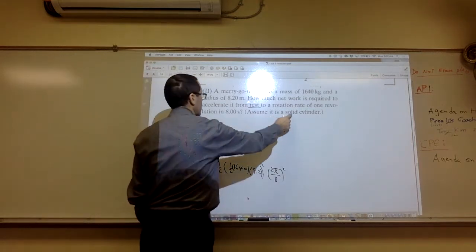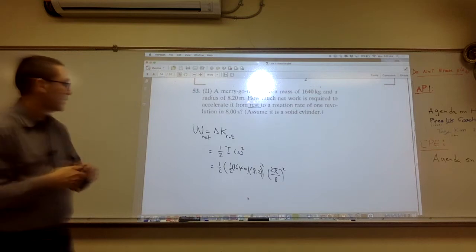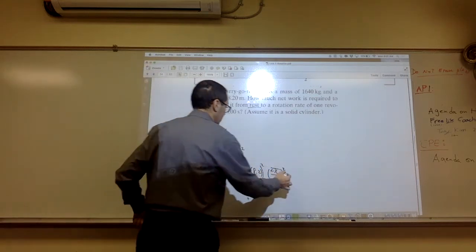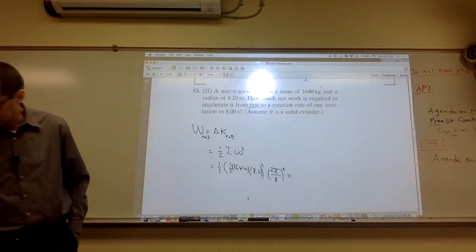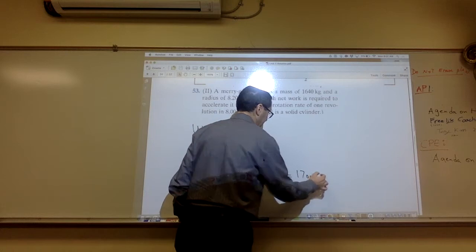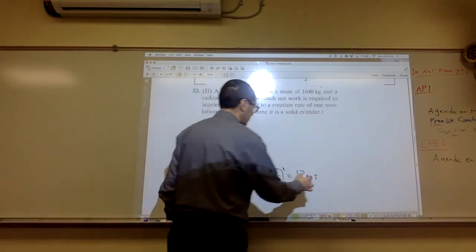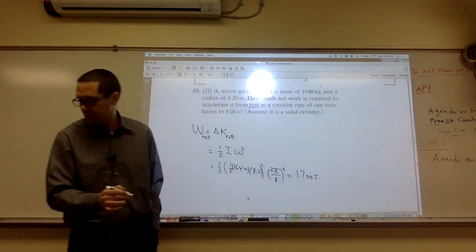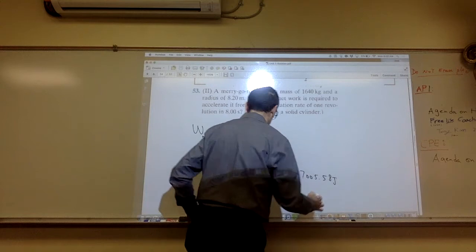A solid cylinder here or a solid disk is the same thing. And if you do the math here, you should get 17,005 plus 0.58 joules.